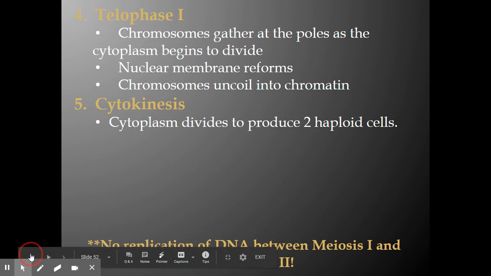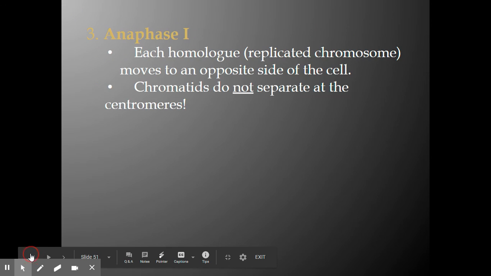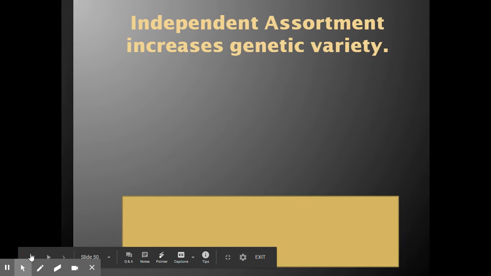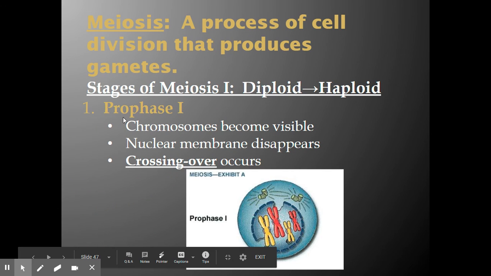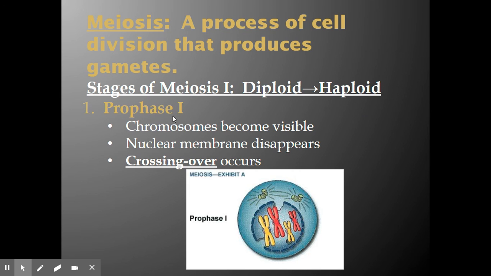Okay, so just make sure you're looking back over this stuff and knowing that you do have differences between meiosis 1 and meiosis 2, as well as differences between your 1 versions of all of your stages, as well as what makes the 2 versions different.